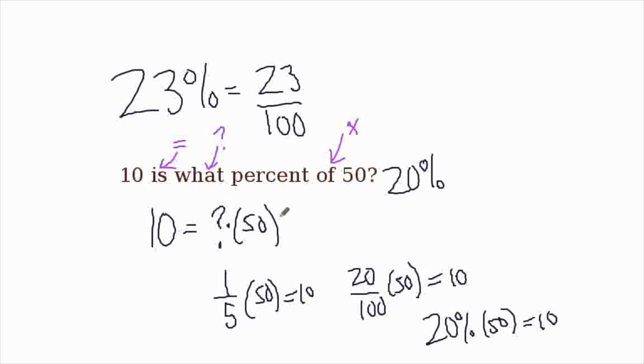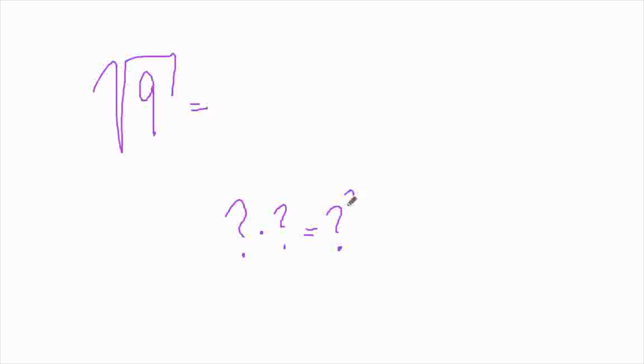Now, the last thing I want to talk about in this video is what roots are. When I write something like the square root of 9, what I'm asking for is, can you give me a number that if I multiply that number by itself, I get 9? So mystery number multiplied by mystery number. You may recall that that is the same as taking some number and squaring it, putting a little 2 exponent.